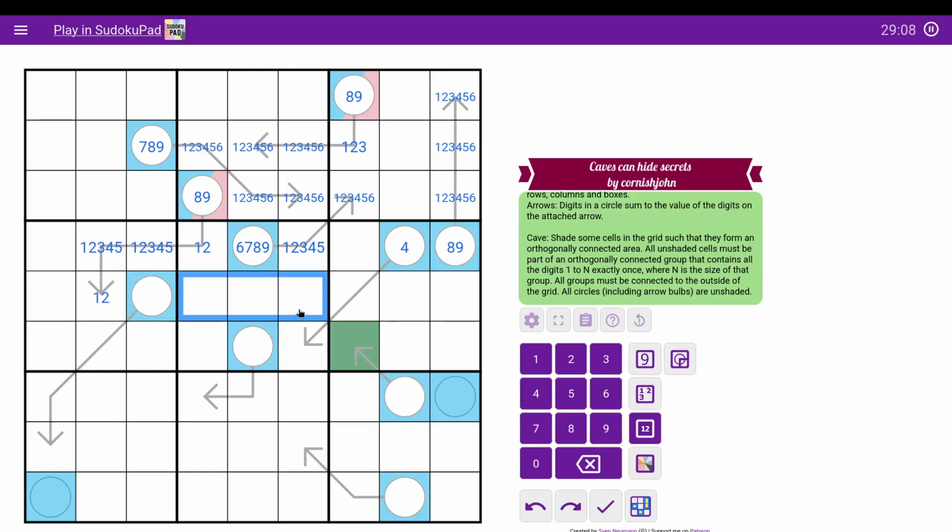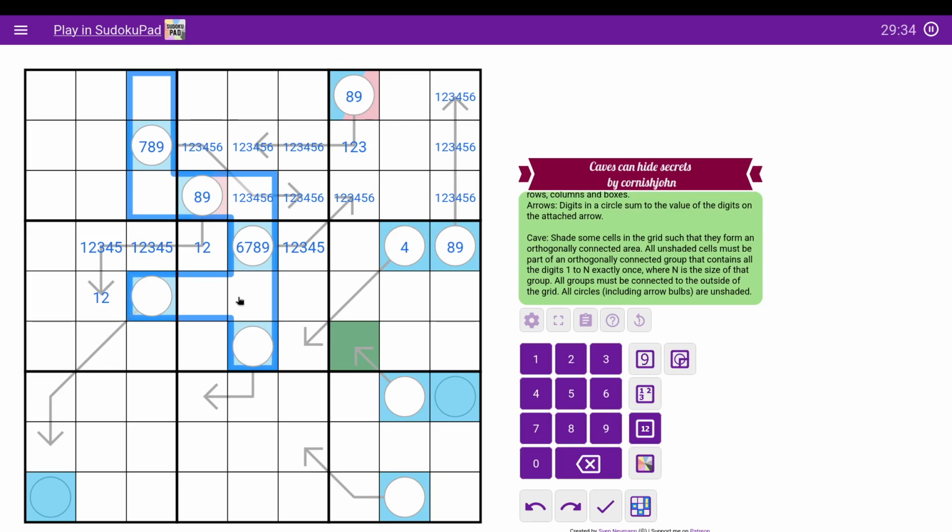Do any of these being unshaded cause problems? If this is unshaded, then certainly all of these are a group. I do think that quickly becomes unwieldy. 1, 5. Yeah, I think you can't connect at all.